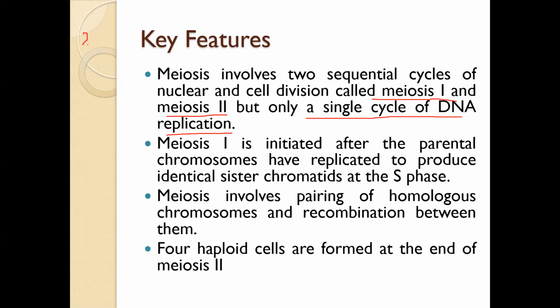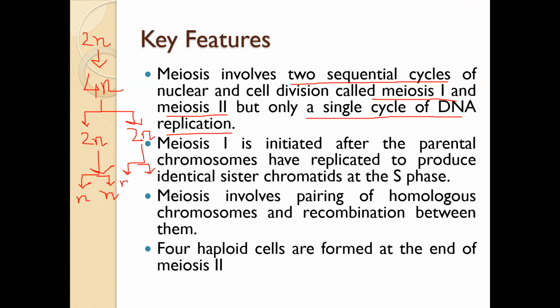In our previous slide we already discussed that gametes are produced from a special kind of diploid cell. If we consider a diploid cell as 2n, after replication the 2n becomes 4n. Since meiosis involves two sequential cycles, after the first cycle that 4n is divided into two 2n cells. Each 2n cell is then again divided into n and n.